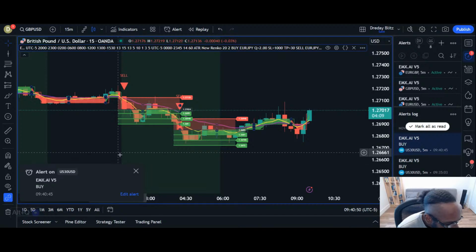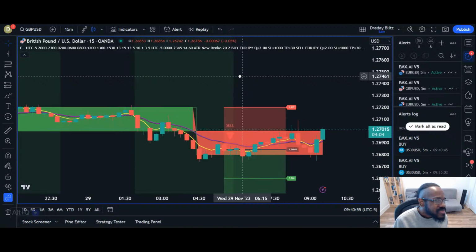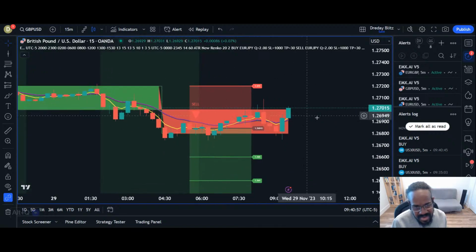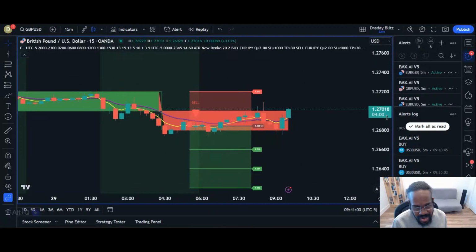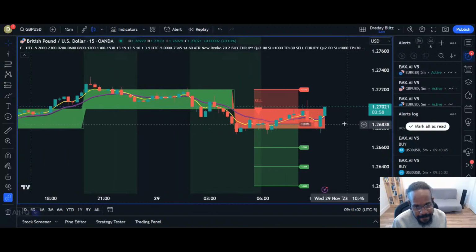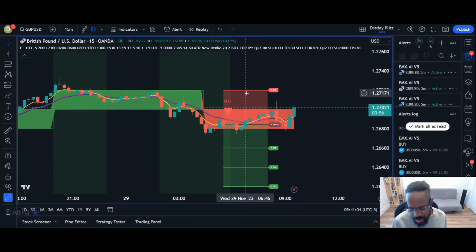So we have a buy on SPX 500. And regarding the Renkos, you can make adjustments here off of the Renkos.